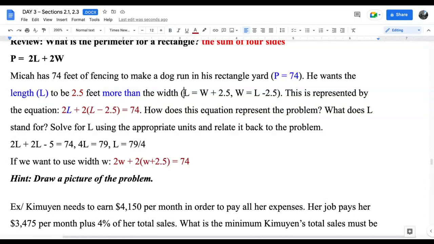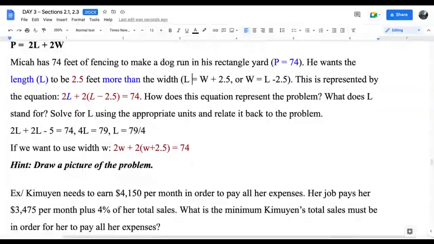What does this mean? He wants a length L to have 2.5 more than the width. So that's L equals W plus 2.5, or we can write W equals L minus 2.5, right? Plus on the right-hand side, when we move to the left-hand side, it becomes negative.